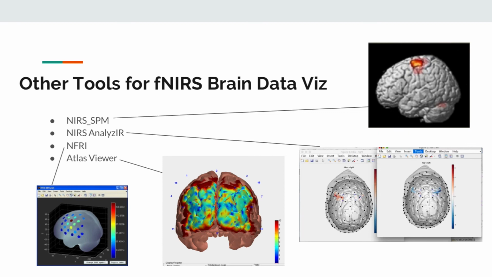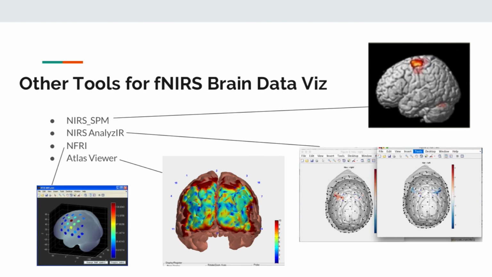NIRS Analyzer has a visualization, but I just found that difficult to use. I think I have to learn more about the way it does the estimation of where on the brain surface an external landmark would be, because that's the part that I was most confused about.